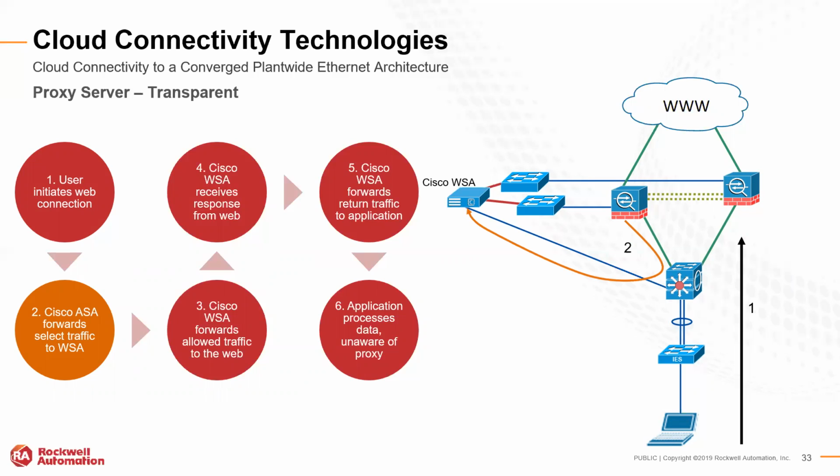In this diagram, it's a Cisco WSA. The WSA then checks the traffic to ensure that it's okay, and then allows the traffic to be forwarded on, in which case the web security appliance on the other end receives the response from the website.